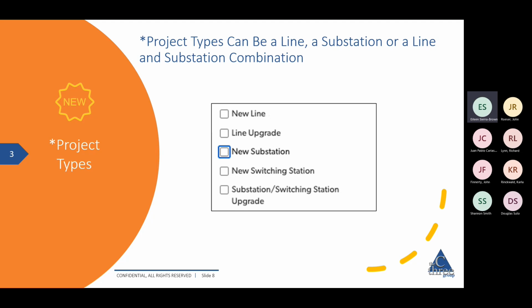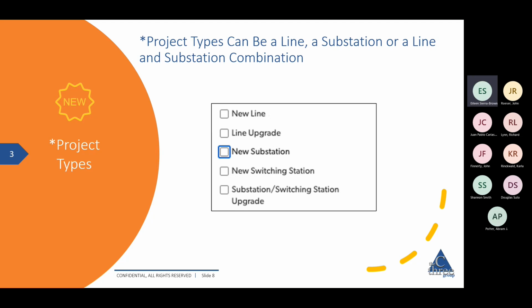The vast majority of all projects will be one or all of these types in a singular field. So it's a multi-select field, and it gives you a little more diversity in identifying what is within the project itself.